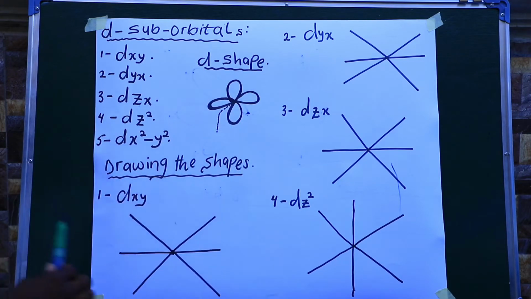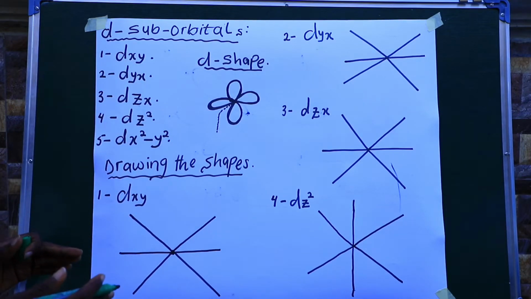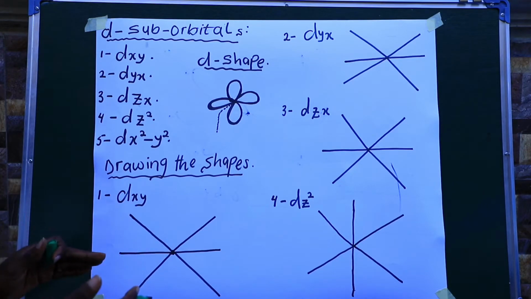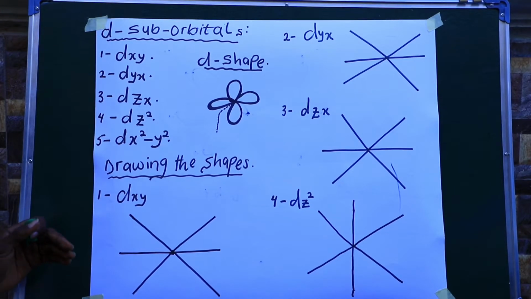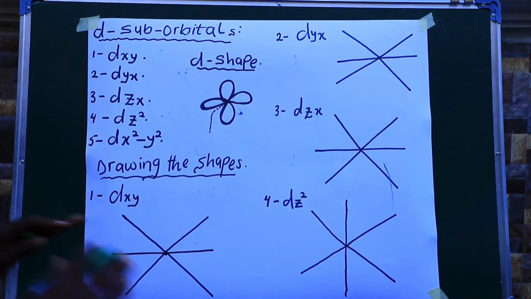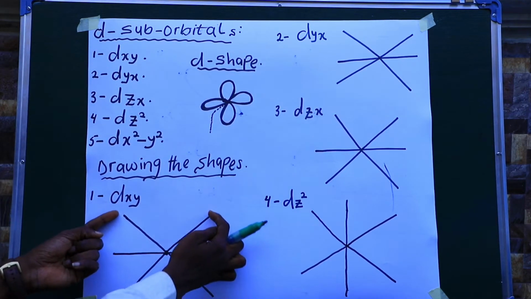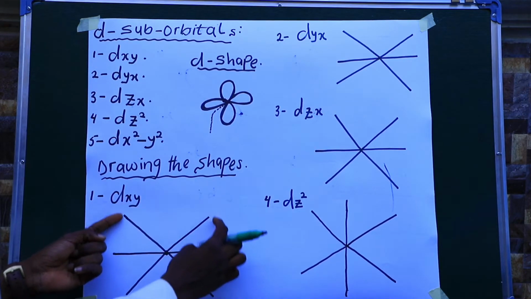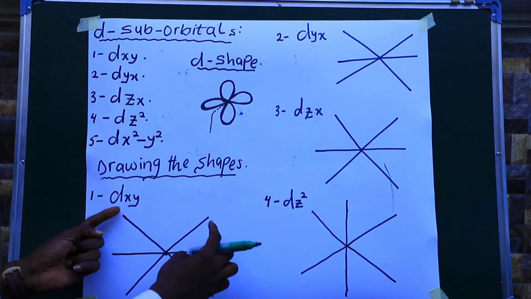So now drawing the shapes, let's start with number 1, dxy. In order to avoid any confusion, to draw dxy in the correct form, one should always put the wanted variables x and y on the two upper axes, in order to avoid any confusion in drawing the maximum amplitude.